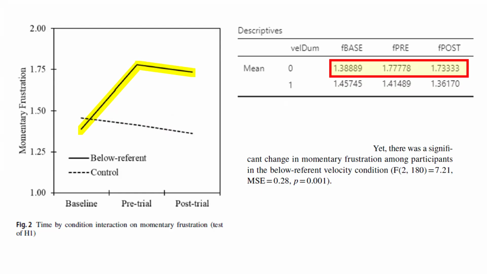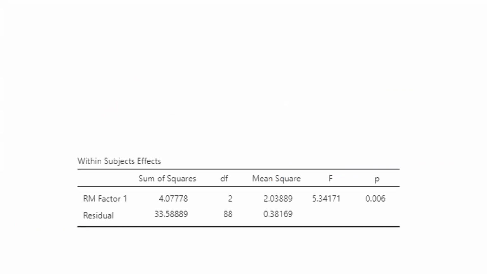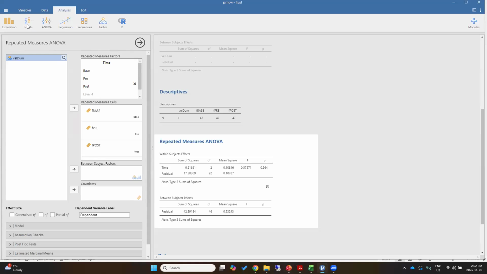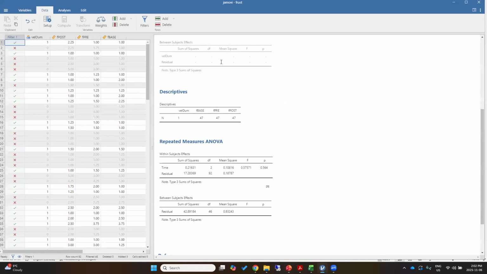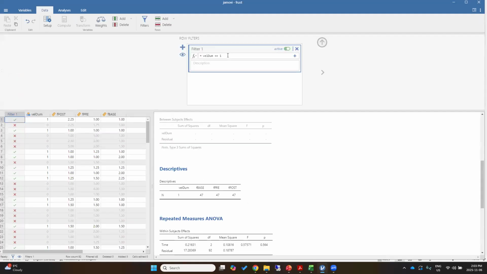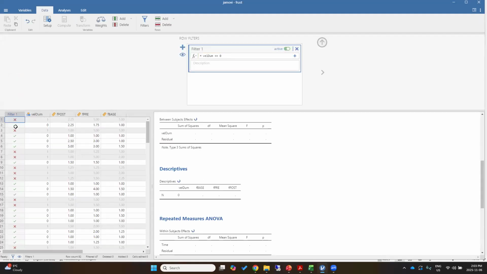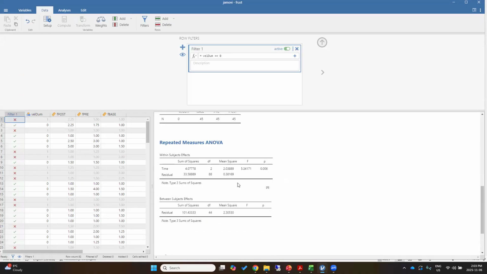So, just how I got this again, same way. I went to Jamovi, except this time I go to my data, and I'm going to change this filter to do velocity condition equals 0. And so now you can see it's only keeping the people in the 0 condition. And I come down here, and it has updated my repeated measures ANOVA with an F of 5.34.